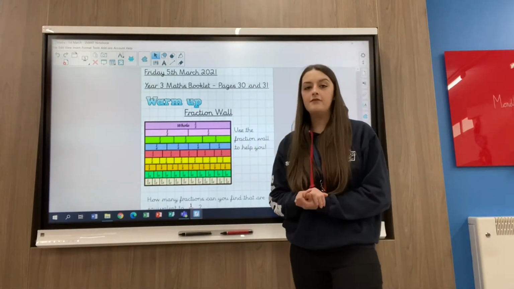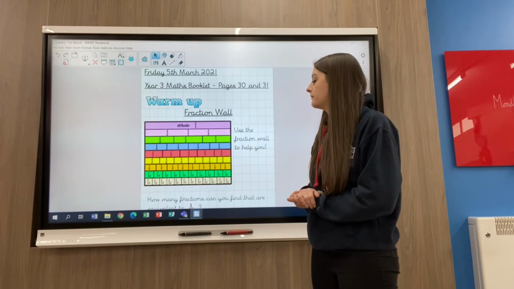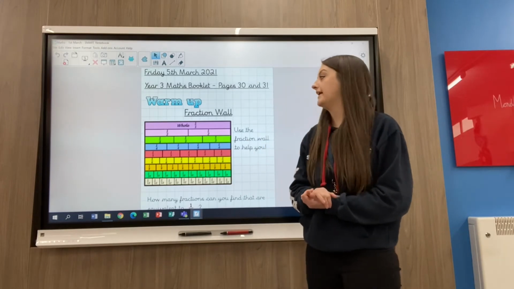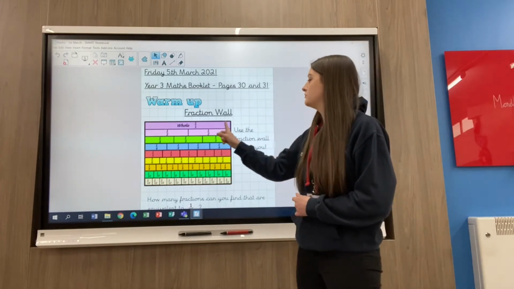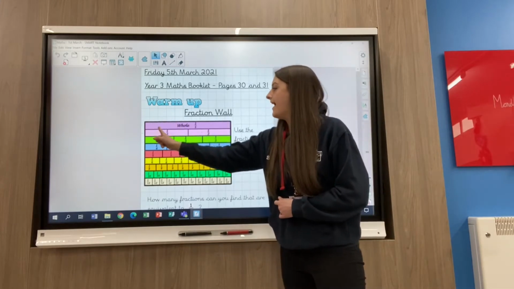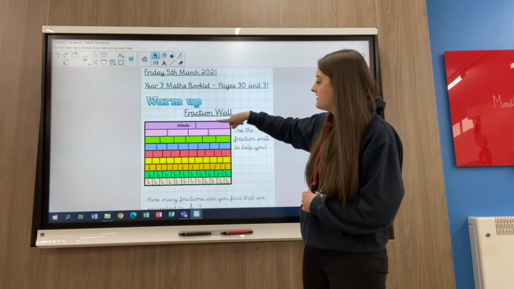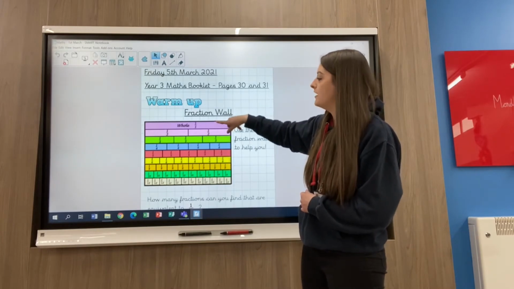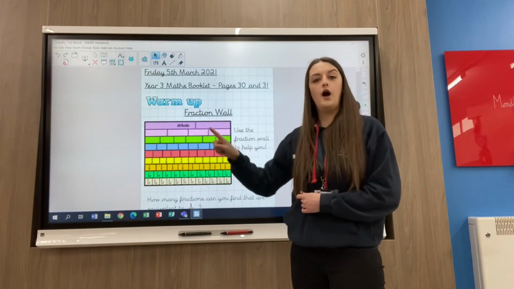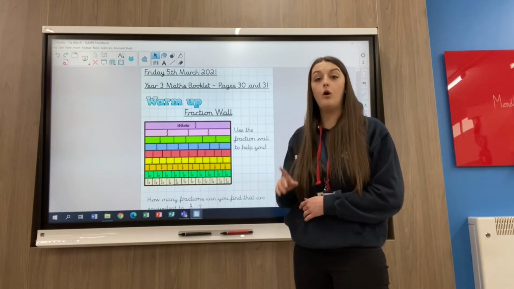So today I've got a fraction wall for you, and I'm going to make it bigger in a minute, okay? On my fraction wall, we can see I've got a rectangle at the top. I've got the whole thing there, this purple rectangle at the top. I've got 1 out of 1, I've got the whole thing, and we know we call that one whole.